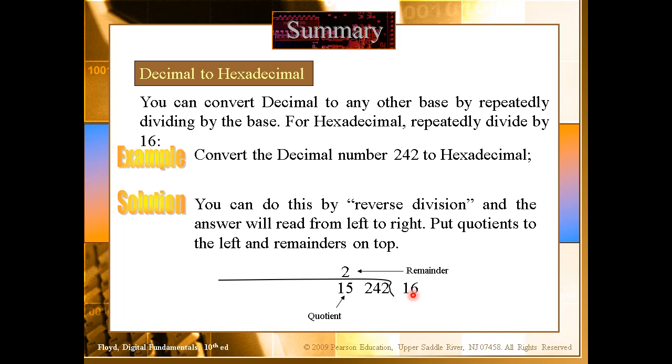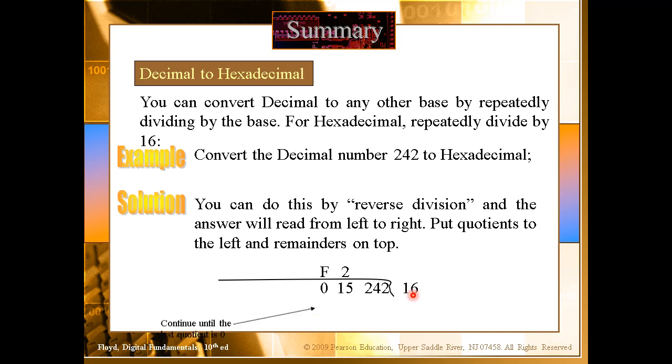Now this time we have to divide 15 by 16. Now this is the tricky part. You cannot actually divide 15 by 16 because, again, you cannot get a fraction, right? Because 15 is already less than 16. So if you try to divide something which is lesser, you will end up having a 0.